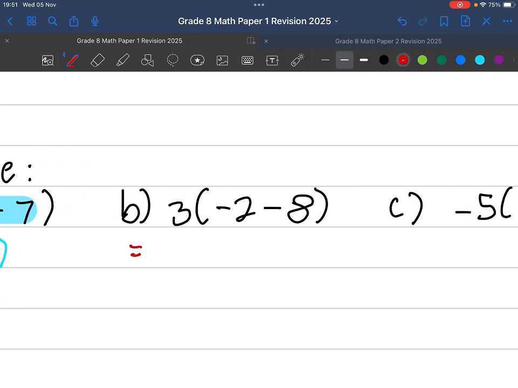Once again, working downwards, we decided to do this first because it's inside the brackets. You're going to sort out what's inside the brackets before you come out of the bracket. -2, -8. That's going to give you -10. We have the same sign, so you can add the number. You keep the sign, add the number.